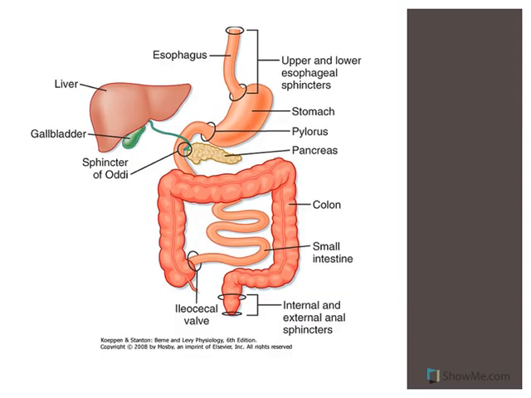Now I'm going to mention just a couple of other things real quick, even though they're not in your notes. The celiac ganglion is the location of cell bodies of postganglionic neurons that innervate the stomach also, and the liver, the gallbladder.